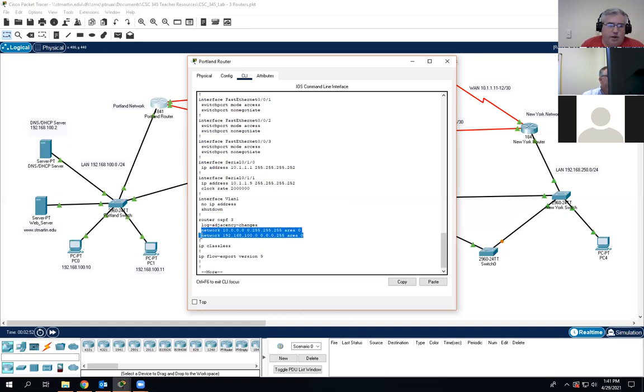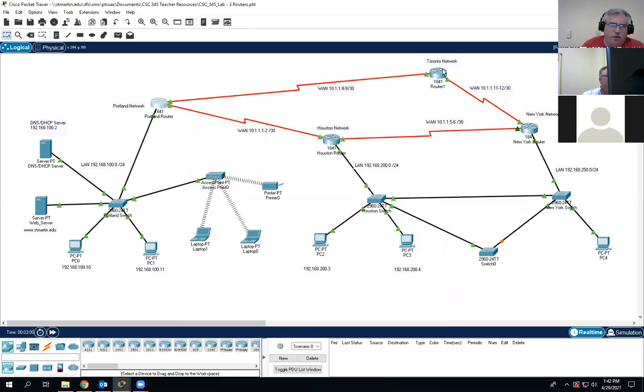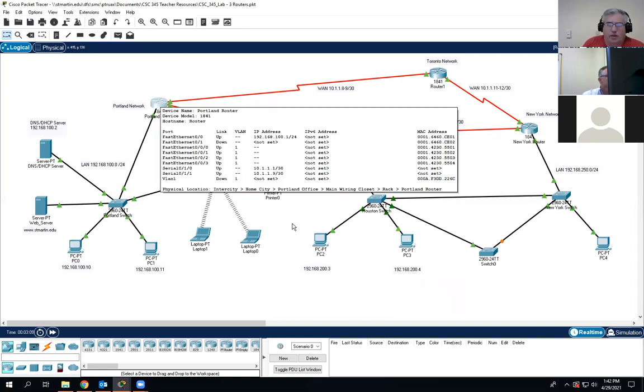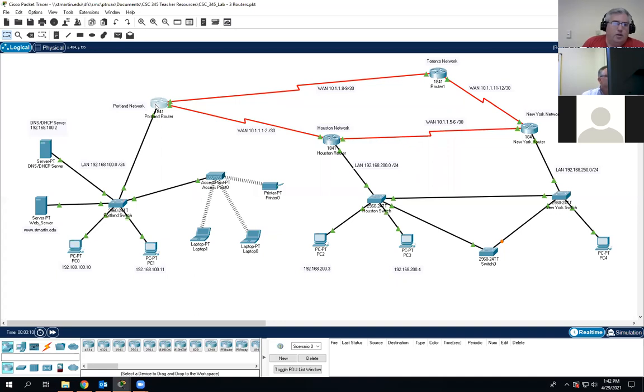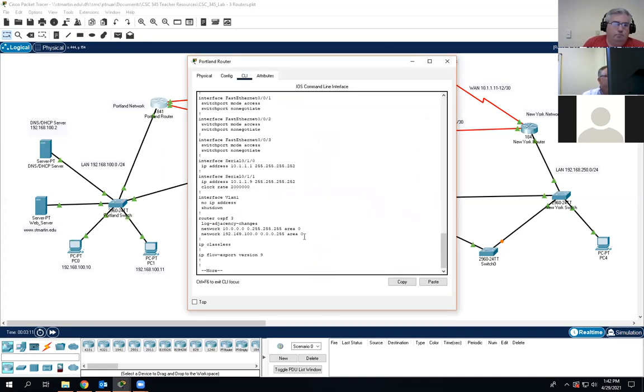So you can segment your routing protocols even with OSPF this way. Same thing with the next one we have, 192.168 and also area 0. So basically we've made one area with all of these routers. We could have divided it up into 2 areas if we wanted to, but in this case, just to make things simple for time purposes, that's the way we did it. So yeah, the commands to do EIGRP are basically very similar.